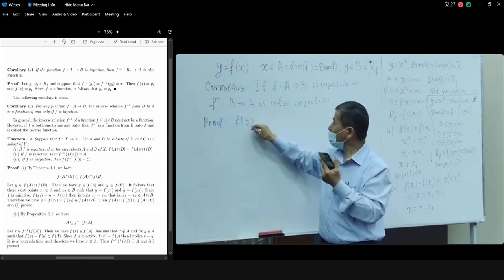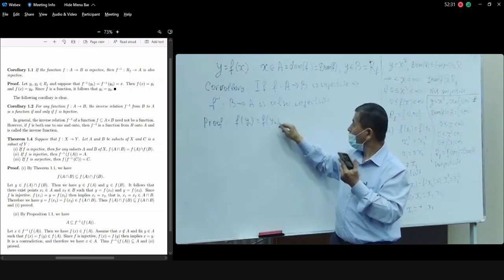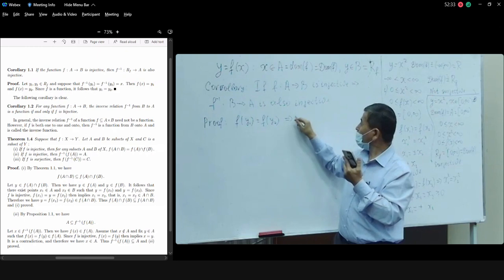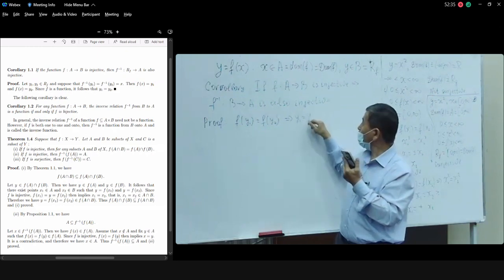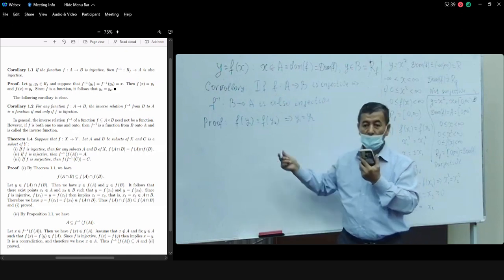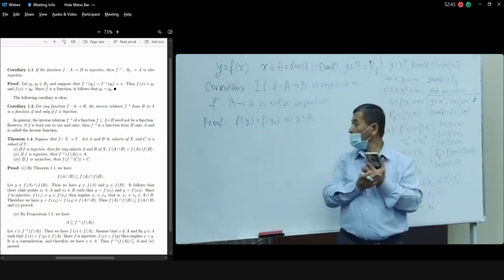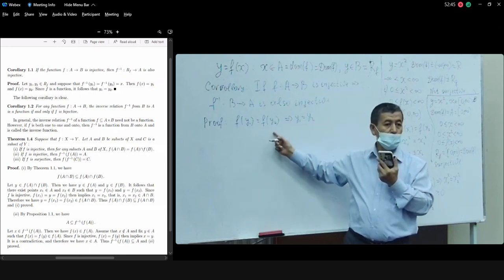I will take two elements and then show that y1 equals y2. Because of the injectivity of f, I can show that y1 equals y2. I need to prove this.